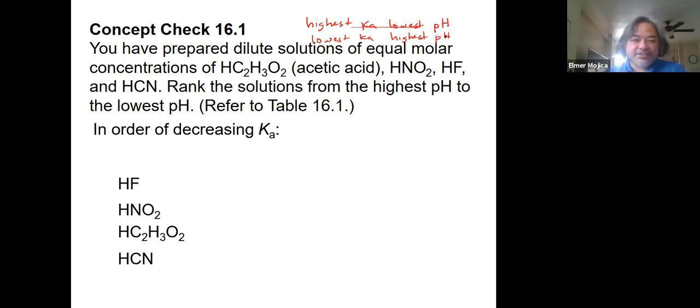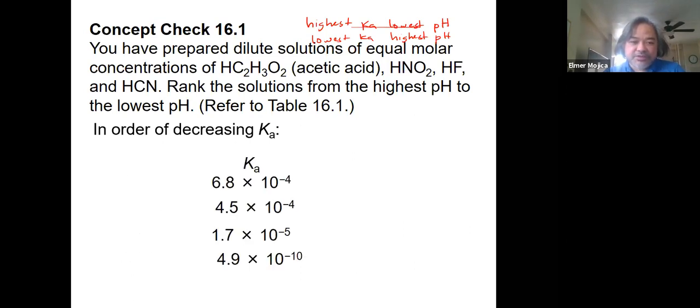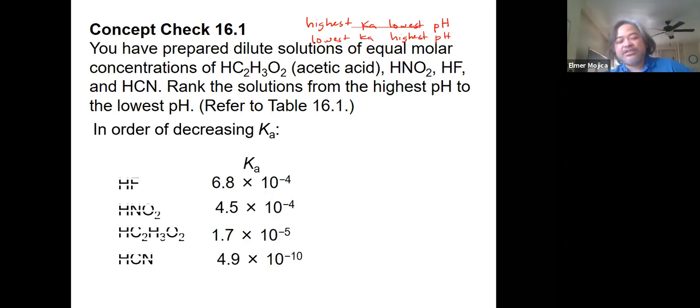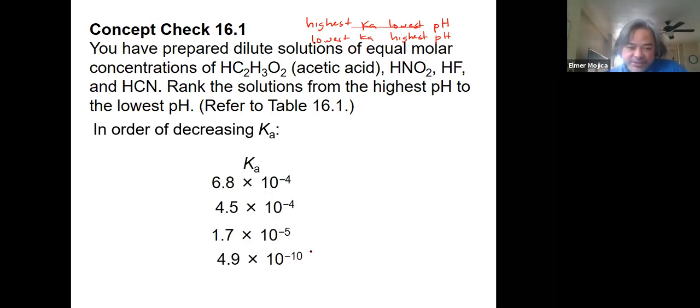You can only answer this question if you have the values. These are the corresponding Ka values of these different acids. As you can see, this one has the lowest Ka, and that is HCN. So we could say that's the one that has the highest pH.